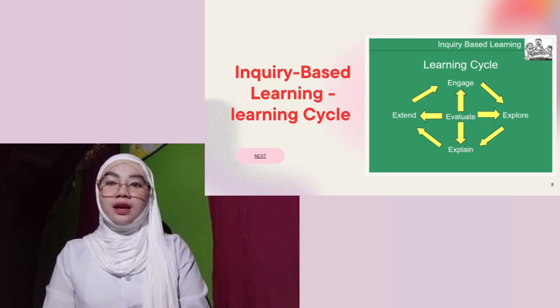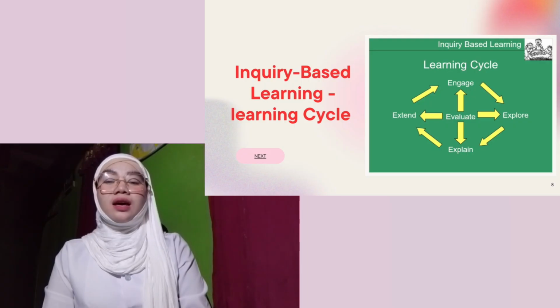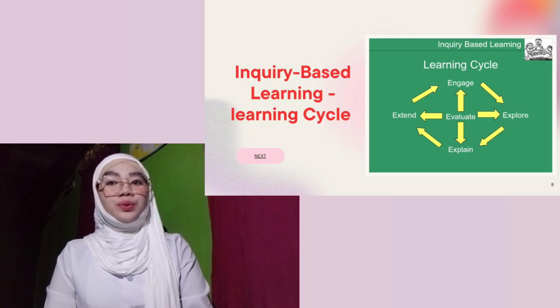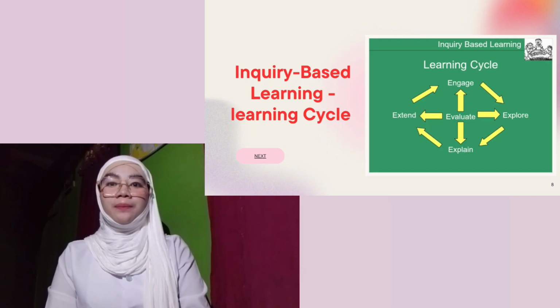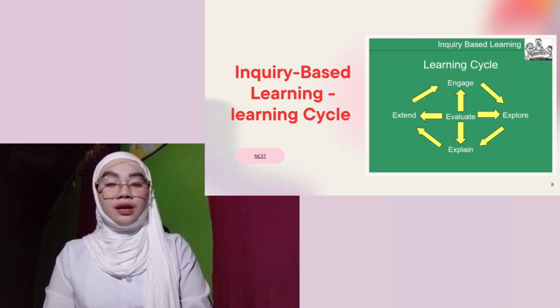And the fourth one is elaborate, or expand. In this stage, students apply their new understanding to real-life situations or more complex tasks. This helps deepen and extend student learning.